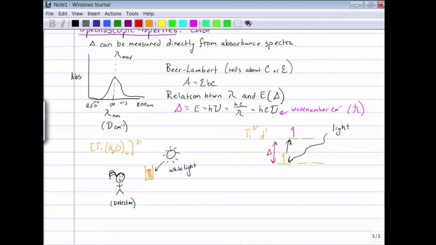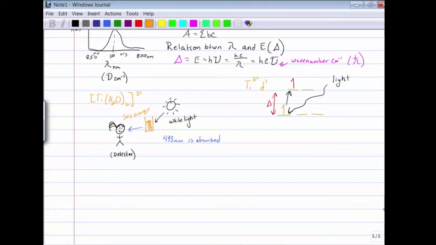When you absorb light in this particular complex, the wavelength of light that is absorbed is 493 nanometers, and that is blue light. If I was a detector, I would just see that 493 nanometers is absorbed. But if I have eyeballs and they detect color, I will see orange.